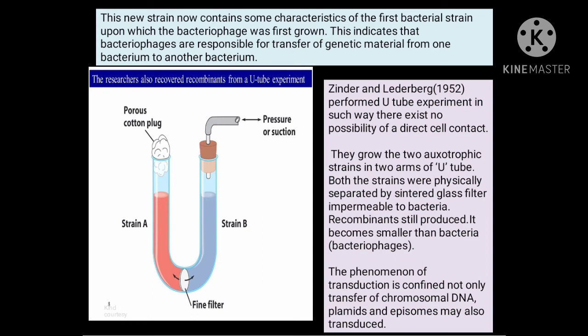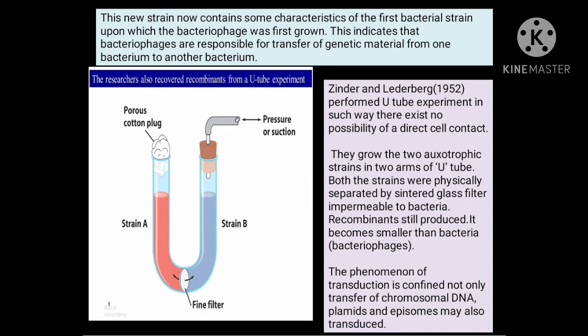This new strain now contains some characteristics of the first bacterial strain upon which the bacteriophage was first grown. This indicates that bacteriophages are responsible for the transfer of genetic material from one bacterium to another.